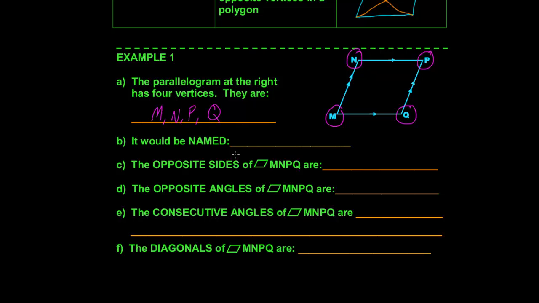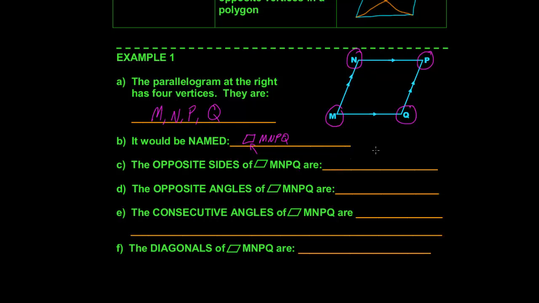Alright, now it's looking at the parallelogram, and it's asking how to name it. When we name it, we use the shape, which you can see right here. Here's our parallelogram. It's already pretty much named for us down below: MNPQ. That's the name of our parallelogram. For the opposite sides, we're going to look at two sides that are opposite of one another. I'm going to first look at MN.